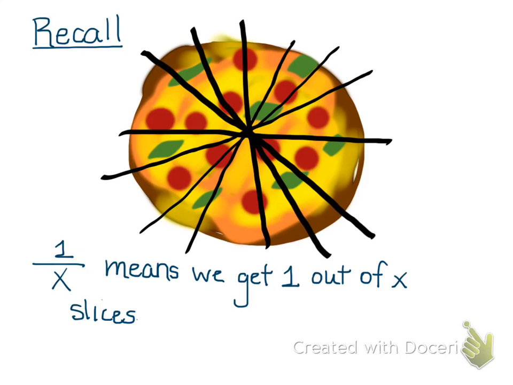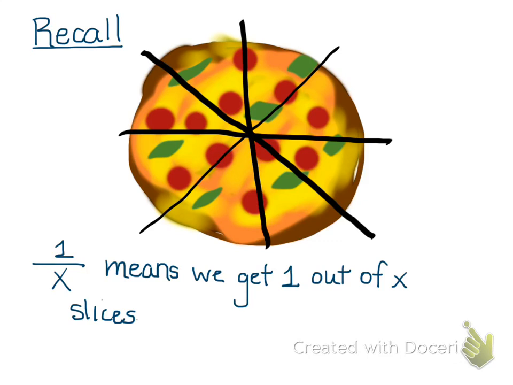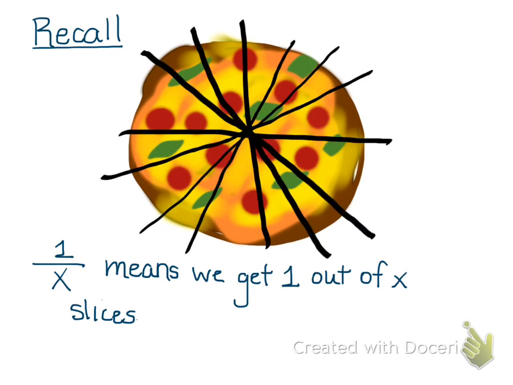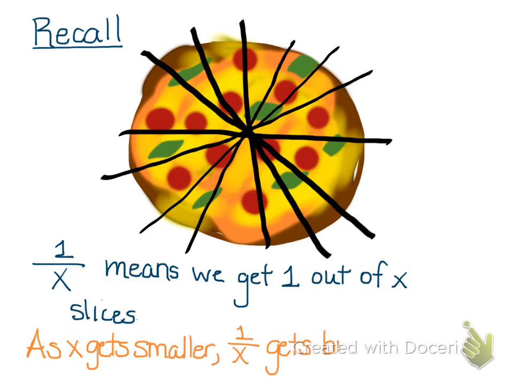So if I slice my pizza up into a certain number of slices, and I go backwards and start removing slices, notice that the amount of pizza that I get to eat is getting larger and larger. In other words, as x gets smaller, 1 over x gets bigger.